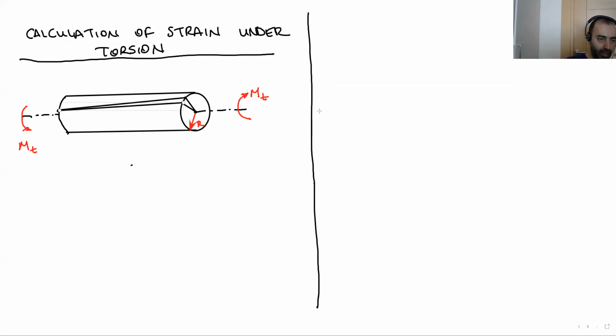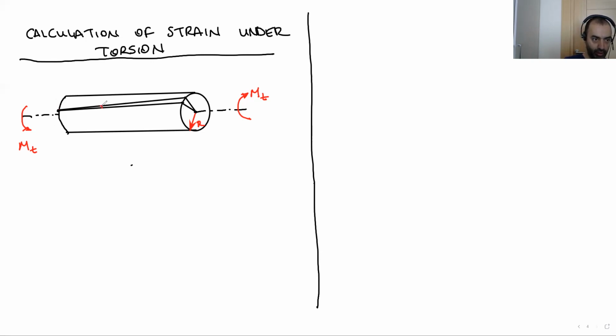When we apply a rotation or torsion to the section, there is an angle change on the section, and also there is an angle change in the longitudinal direction of the member. Now let's write what they are.